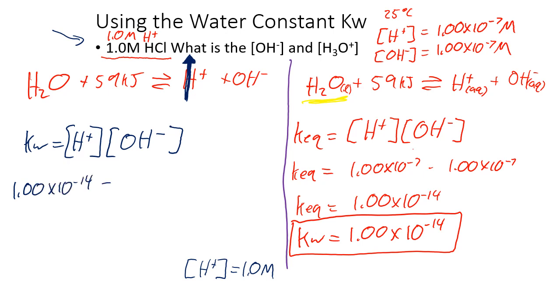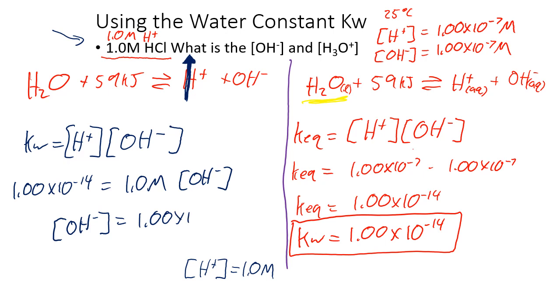We know that H plus is going to be 1.0 molar because it's 100% ionization. And now we just need to calculate the concentration of OH minus. And that's an easy calculation. Divide both sides by 1.0, and we get the concentration of OH minus is equal to 1.0 times 10 to the negative 14.